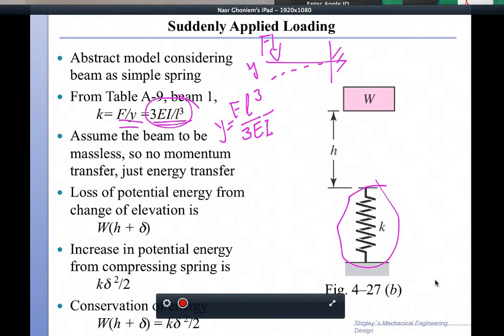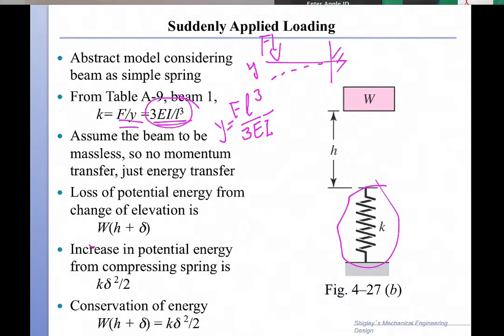So in the spring here, the potential energy is W times (H plus delta). The potential energy in compressing the spring is K times delta squared over 2. And therefore, by conservation of energy, this is the elastic energy stored.